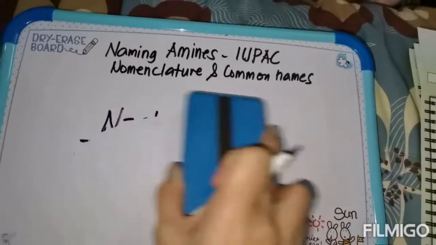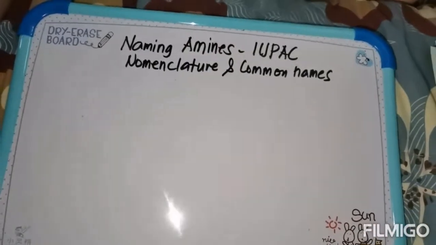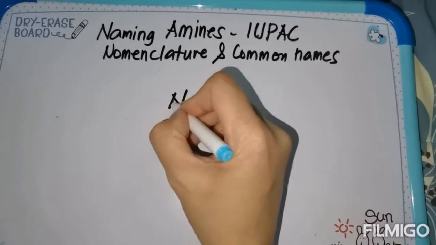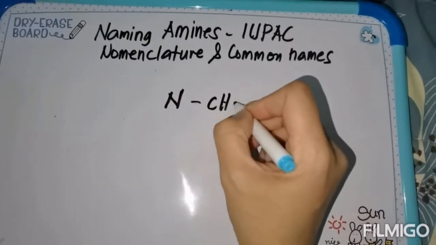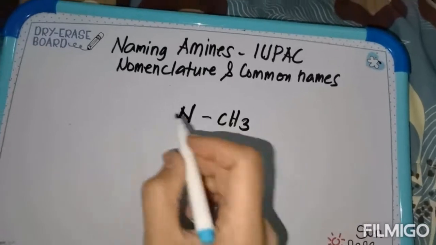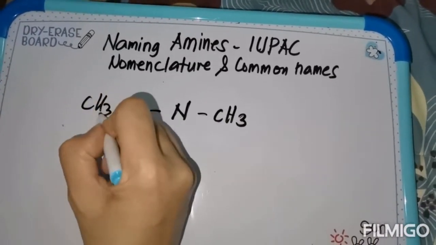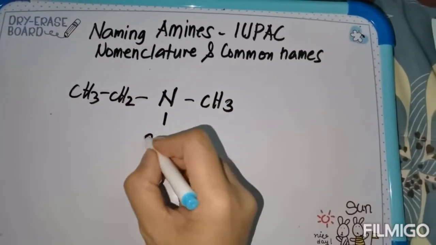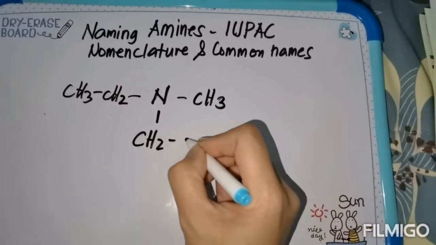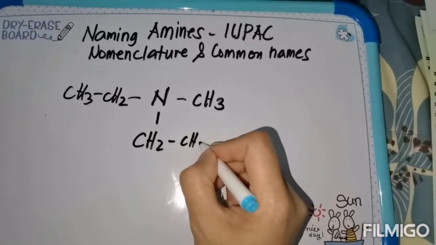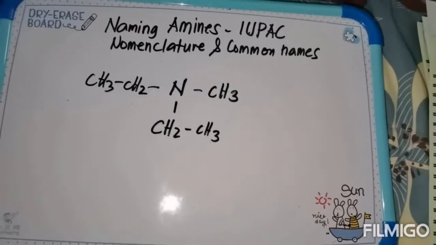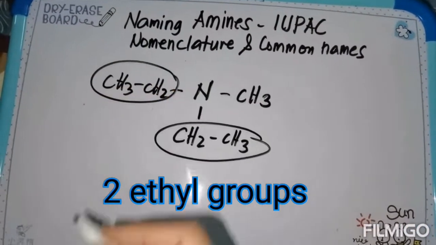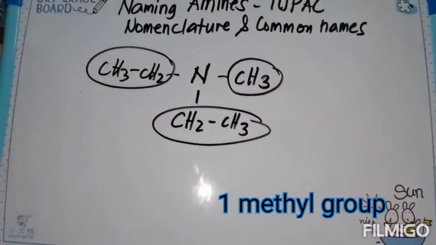Let's move on to another example. What if you have an example like this? We have one methyl here and we have two carbons here attached to the nitrogen and also two carbons here attached to the nitrogen. So how could we name this particular molecule? As you can see, there are two ethyl groups and one methyl.